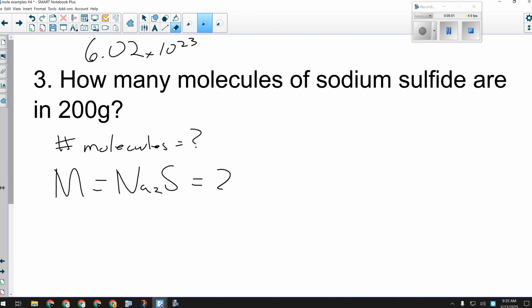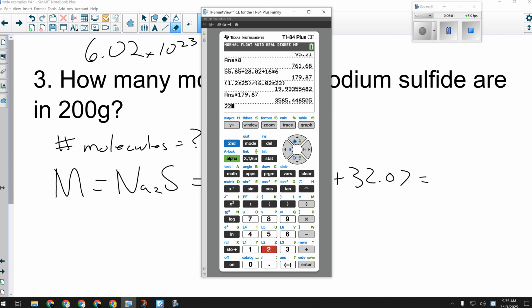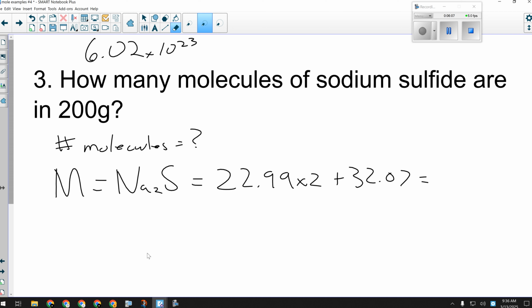That's going to be 22.99 times 2 plus 32.07. Our molar mass is 78.05 grams per mole. And they also tell us that we have 200 grams.